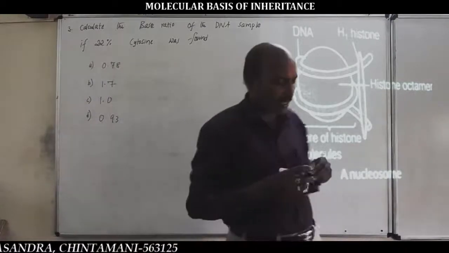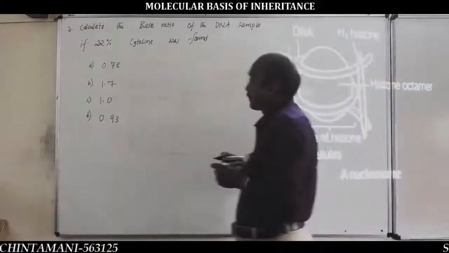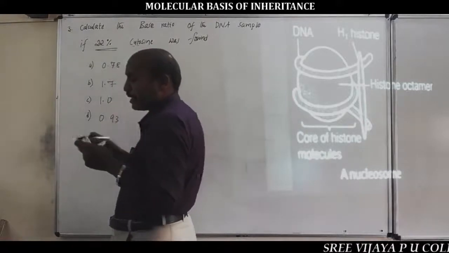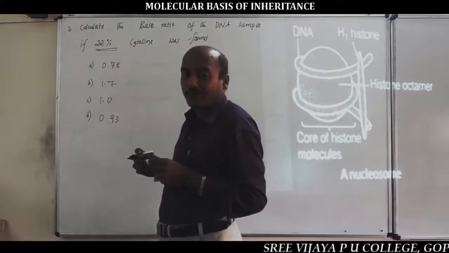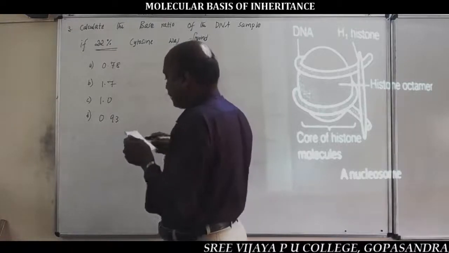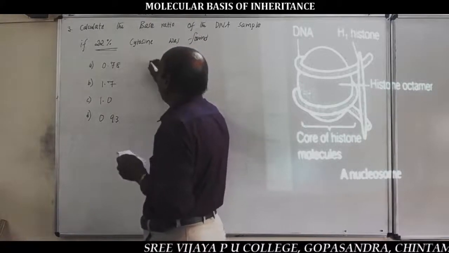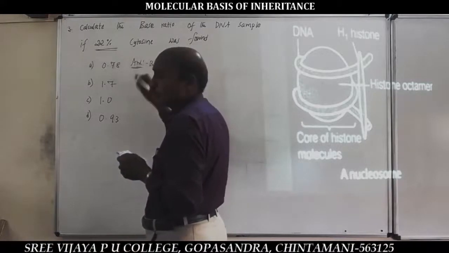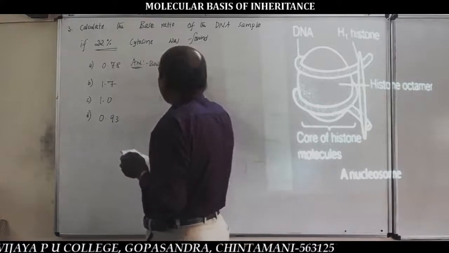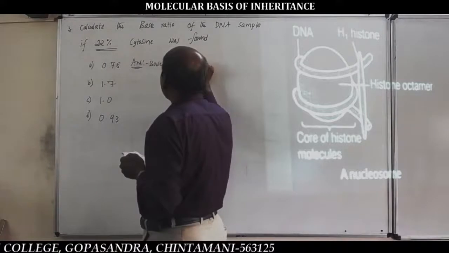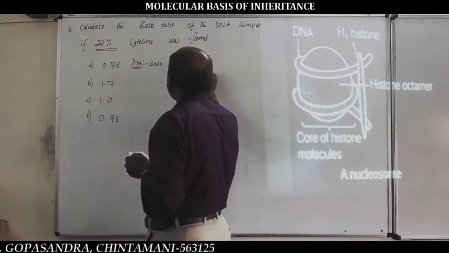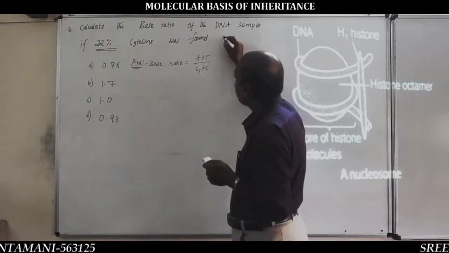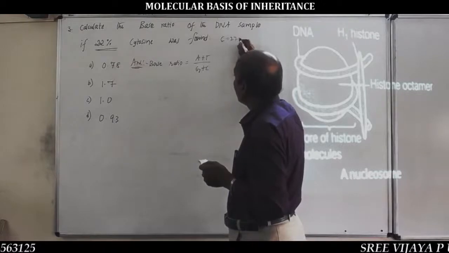In this given problem, they have given the cytosine percent and asked us to calculate the nitrogen base ratio. The solution: base ratio equals A plus T by G plus C. Here C value is 22.